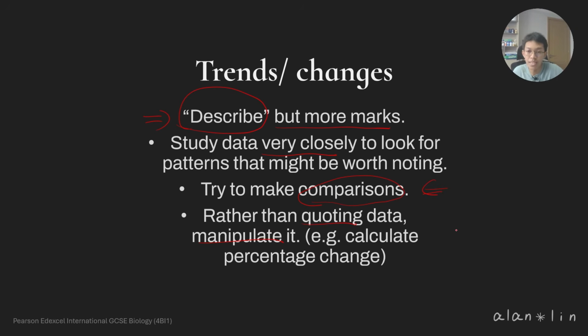So what I mean is, if you were to say this number is 12 and this number is 8 and therefore this is greater, instead of saying that, how about you calculate a percentage change and say this result is blah blah blah percent more than this result. So data manipulation is better than quoting the data. If you're going to be supporting your points, do manipulate the data instead of just plain quotation.